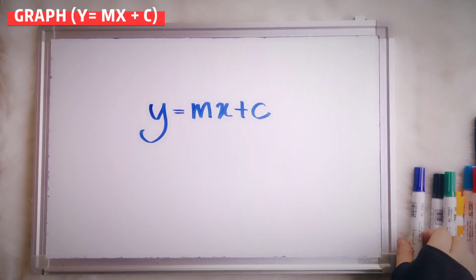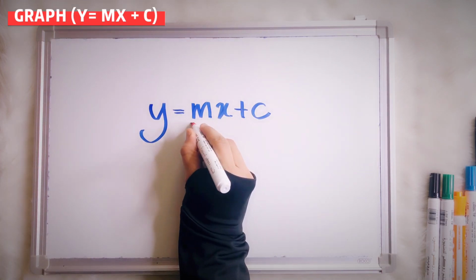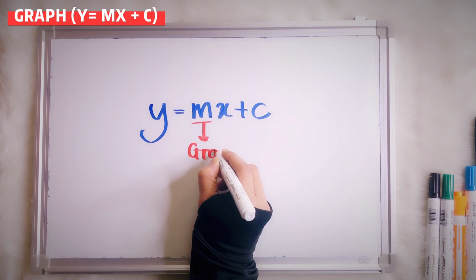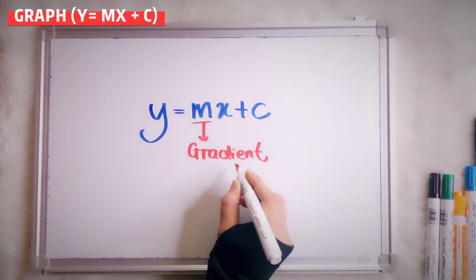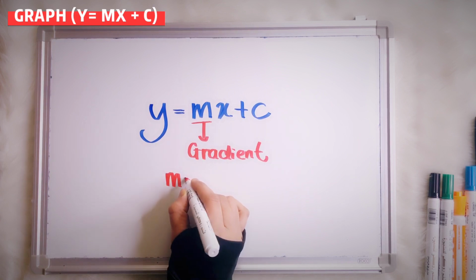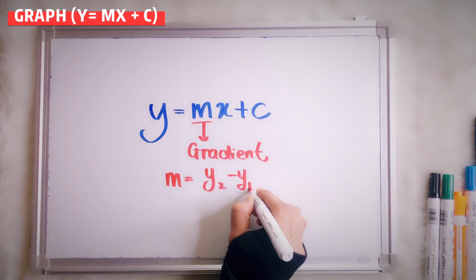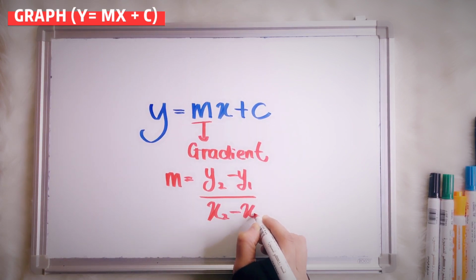Okay, so before we proceed, I will explain. This is for the gradient. The formula for gradient is m equals y2 minus y1 over x2 minus x1.